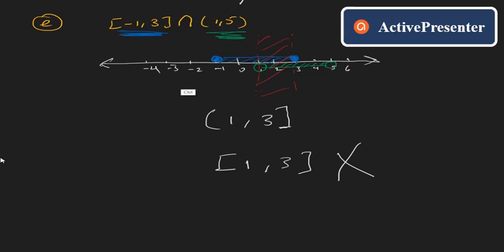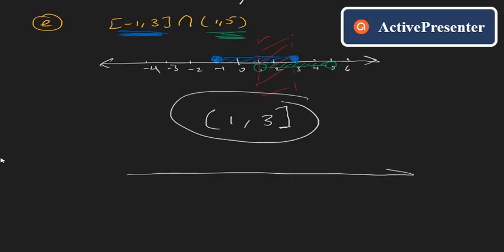So we will remove this and say that the intersection is, again, 0, minus 1, minus 2, 1, 2, 3, from 1 open to 3 closed. We are done. The last example of this lecture.